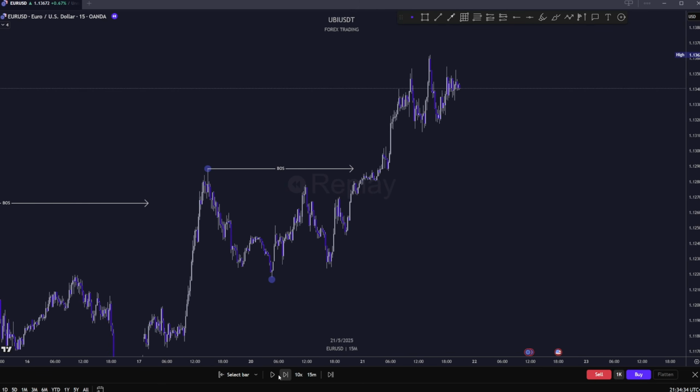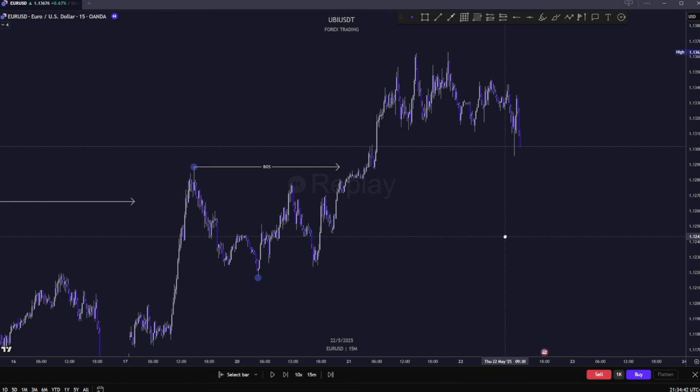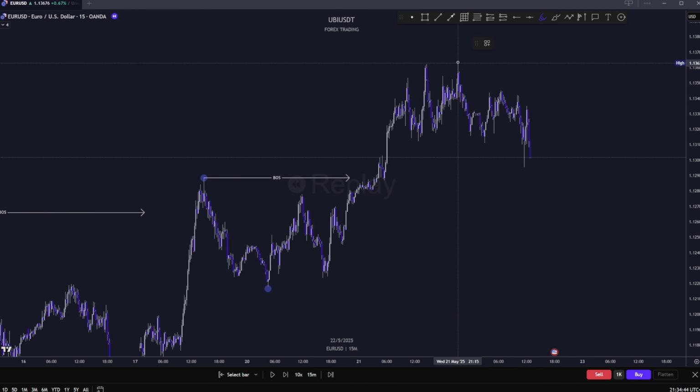Let's wait. Now we can see we have new high. So this is our higher high, highest point, and this is our higher low. It means that now we have this range from here to here.